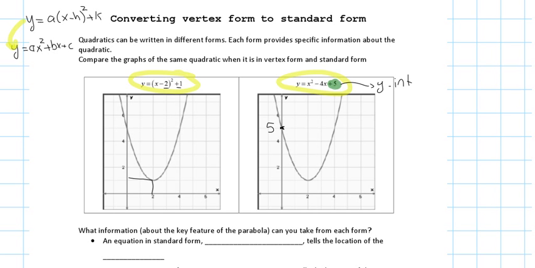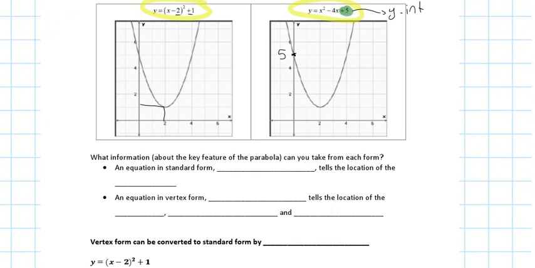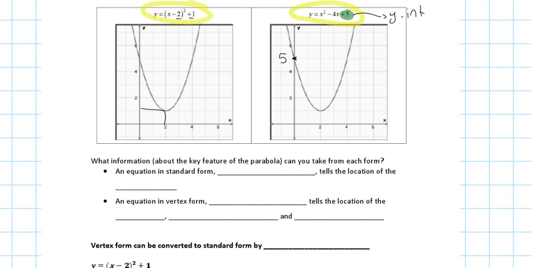An equation in standard form, y equals ax squared plus bx plus c, tells the location of the y-intercept.